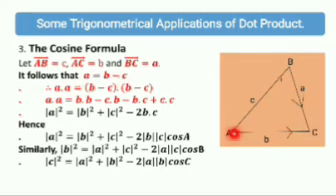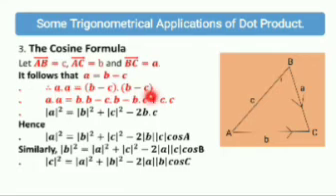Don't forget I said that c plus a is equal to b. Is that okay? So if you want to make a the subject of the formula, you are going to have a is equal to b minus c, and this is it.